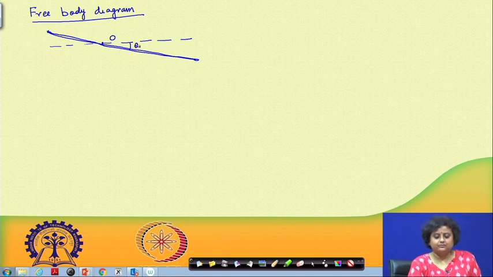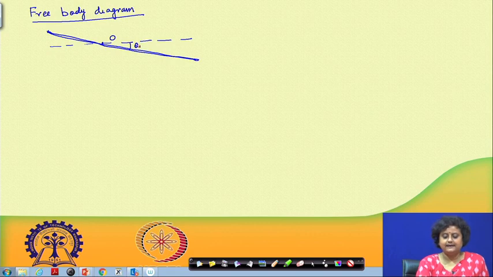Let us assume that it has displaced by an angle theta from its original position, which is shown by this dashed line, about the pin joint O.